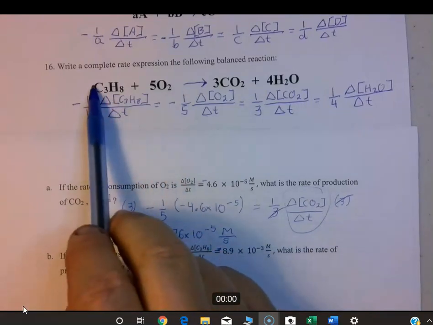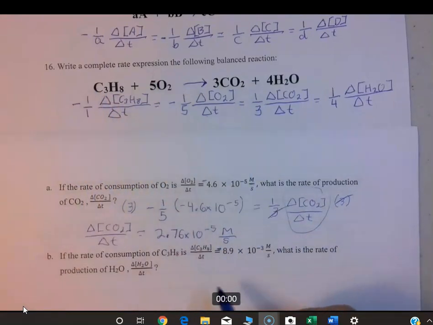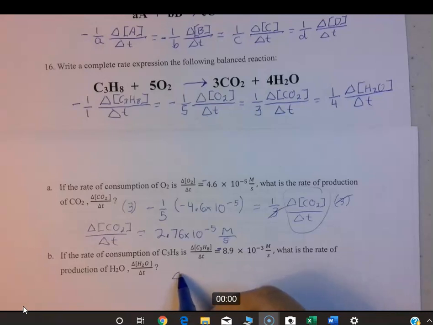So over here, we don't have any coefficient, so we're just going to go ahead and say that delta C3H8 concentration over delta T. There's no coefficient there, but it is a negative sign out in front.